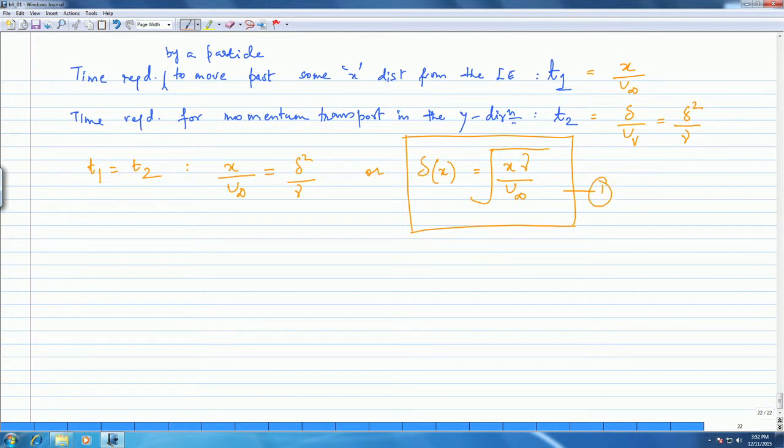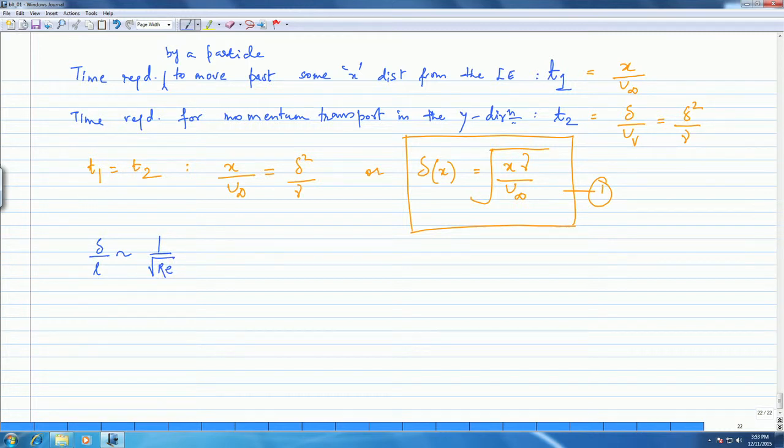Now, what is interesting is, if you've not already noticed, what we've done earlier is that delta by L is a function of 1 by root of Re.